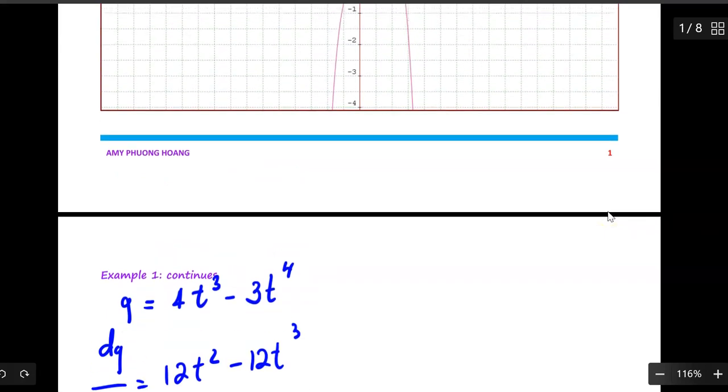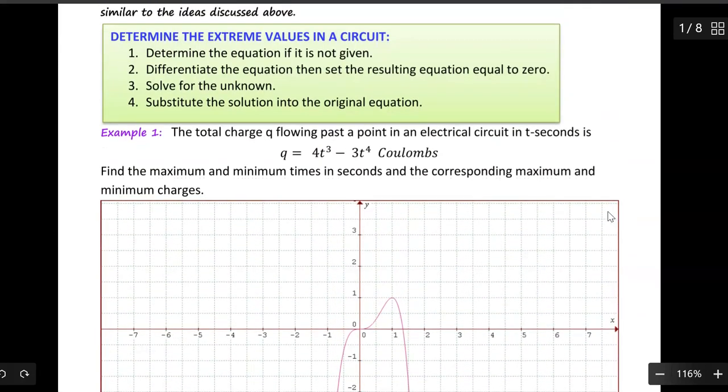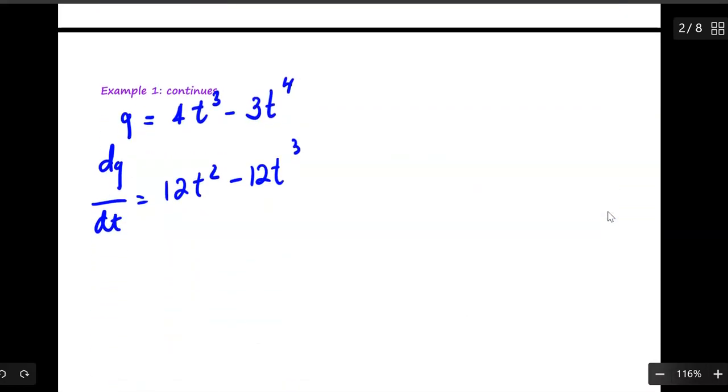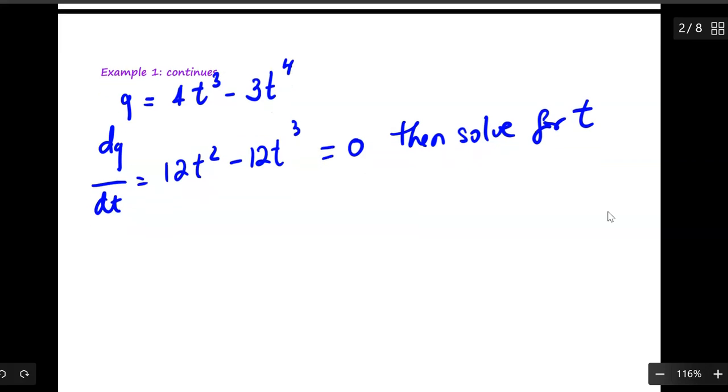And then according to the steps, I should set the resulting equation equal to 0. So I'm going to set this equal to 0 now. Then solve for t, right? The unknown in this case is t. As you see right here, you have t to the exponent 3 and t to the exponent 2, so you may have more than one solution for t.